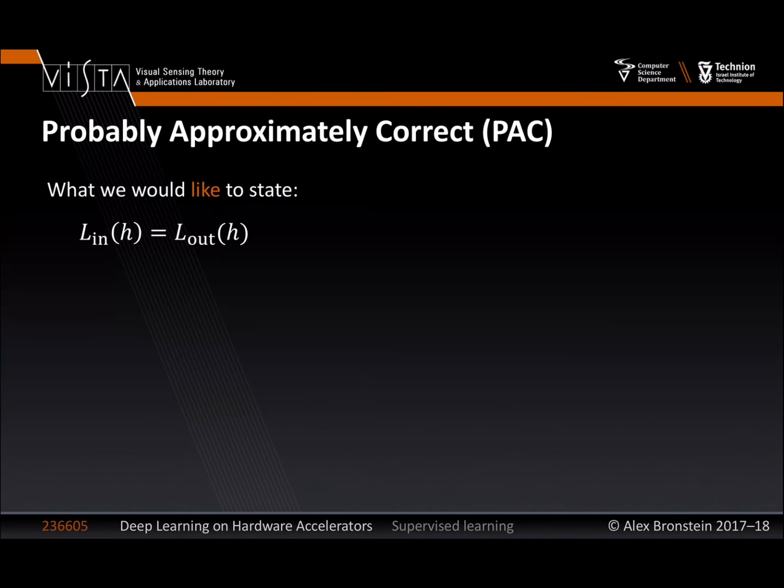But now what I'm saying, I'm allowing two relaxations of this statement. So one relaxation is to allow this identity to hold approximately, okay? And another relaxation, I'm allowing this identity to hold with high probability, but not always, okay?